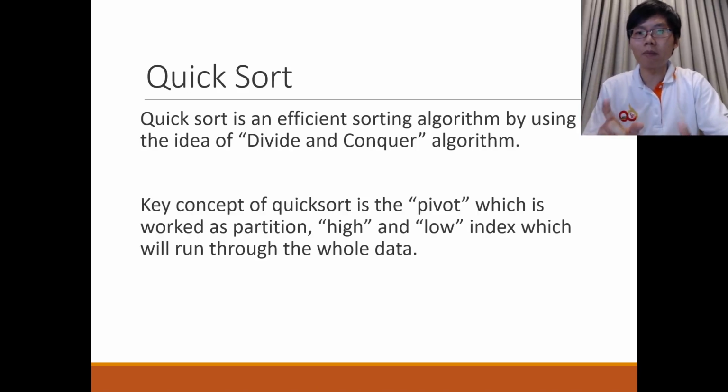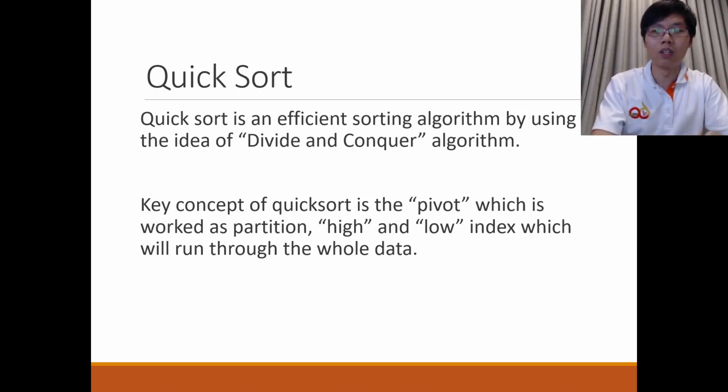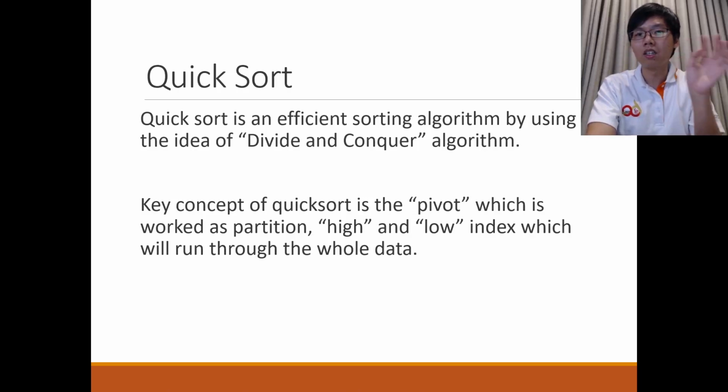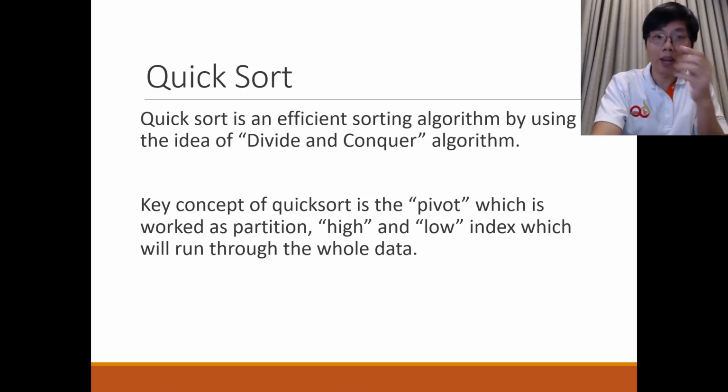The key concept of quicksort is that you have a pivot, a high, and a low index value. This interaction between three data points can sort the whole data structure in the most efficient way, more likely than not.